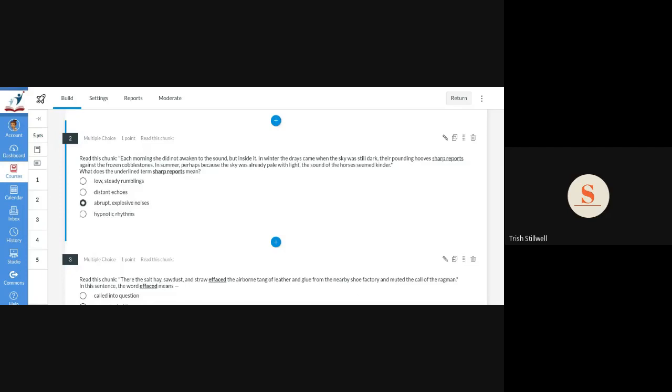The meaning is abrupt, explosive noises. Context clues, pounding. Also, notice this last sentence, perhaps because in the summer the sound seemed kinder. So this is telling you it's the opposite of whatever sharp reports is. It is abrupt, it is loud.